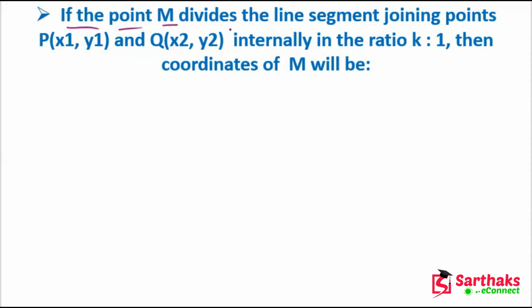If the point M divides the line segment joining points P and Q internally in the ratio k:1, then the coordinates of M will be as follows.